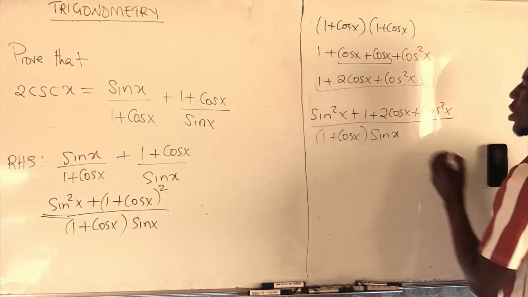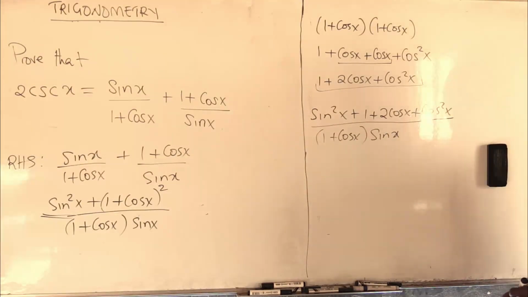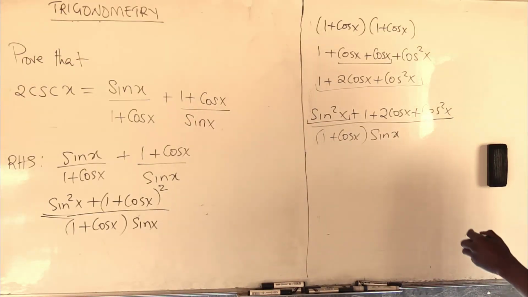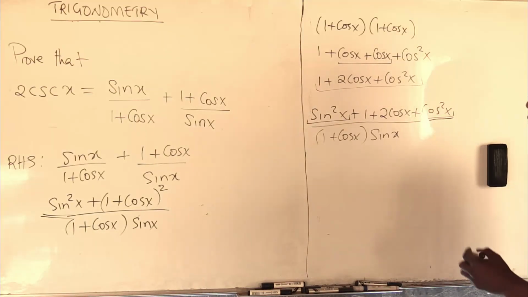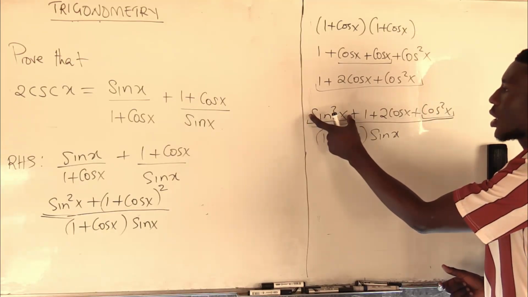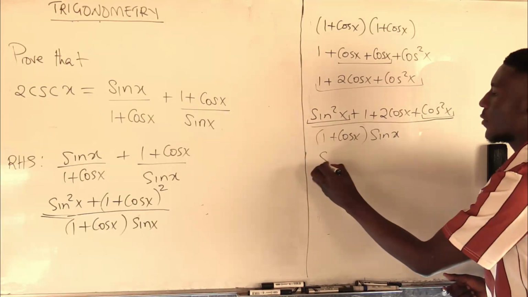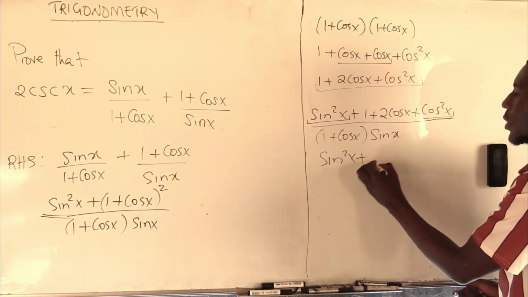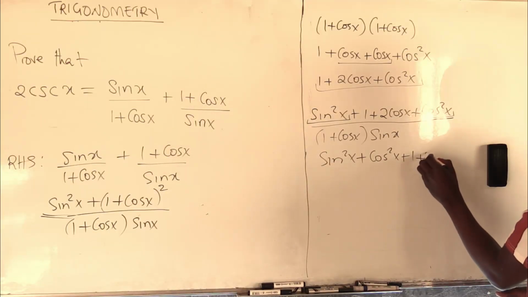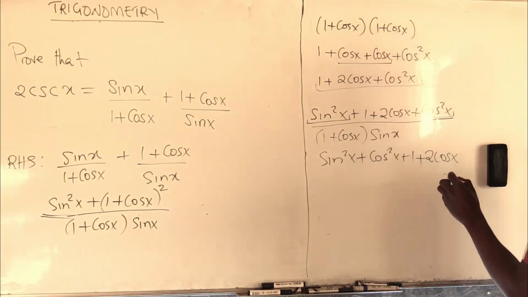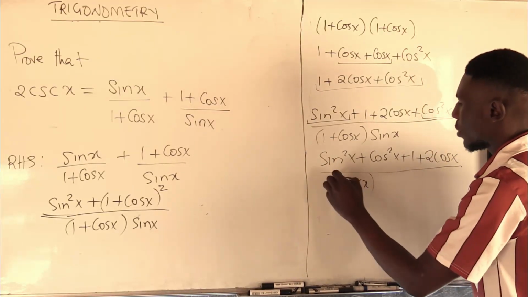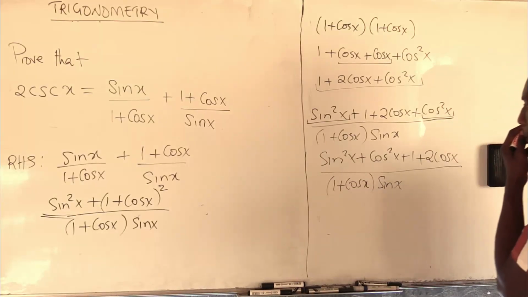From identities, we need to understand that if we have the square of sine and the square of cos, and we add them together, the result is 1. So we can add this to that. So we'll have sin squared x plus cos squared x, then plus 1 here, then plus 2 cos x, divided by 1 plus cos x multiplied with sin x.